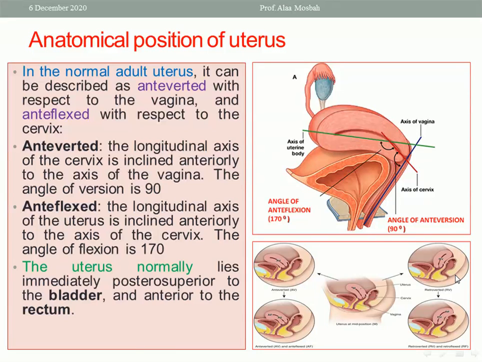This is the severest degree of retroverted flexed uterus. So this is the RVF, and this is the AVF, the anteverted flexed, which is more common. You should know that the uterus normally lies posterior superior to the bladder and anterior to the rectum, as you see here.